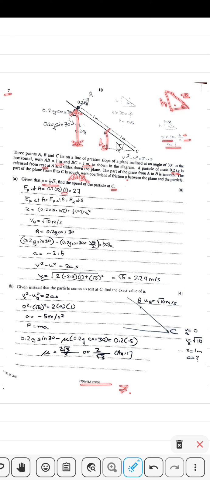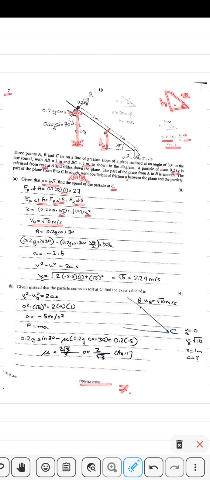The height comes to 0.5. The gravitational potential energy at A is equal to the gravitational potential energy at B plus the kinetic energy at B. We equate these to find the kinetic energy at B, so the speed at B is root 10.